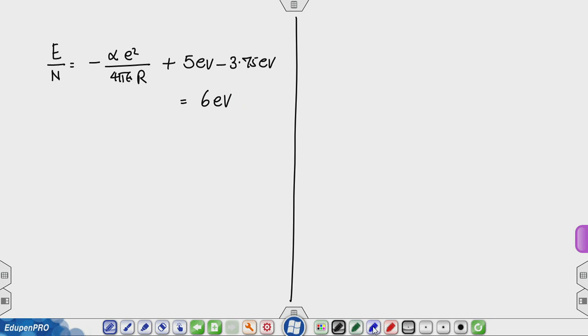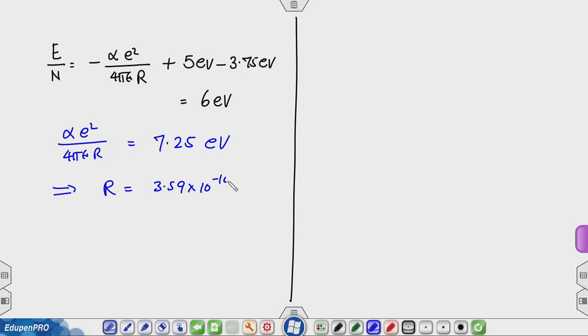So, you take things around and then you get alpha E square over 4 pi epsilon naught r is equal to 7.25 eV.